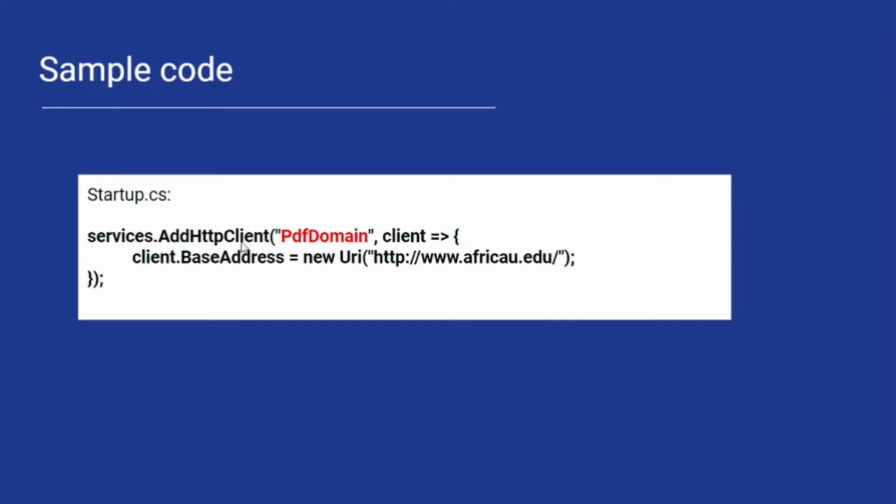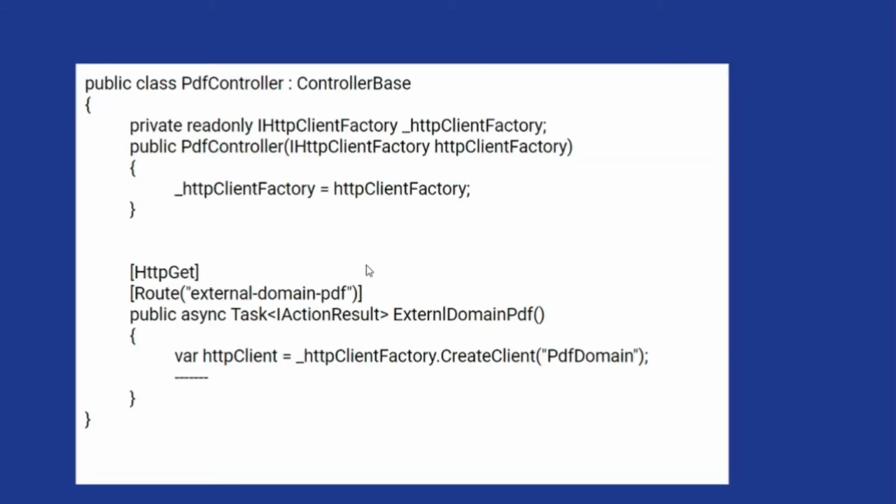Add HTTP client will ultimately register our domain into the HTTP client factory. Okay, so in the controllers, we need to inject the HTTP client factory into the constructor, and in the action method, we need to use create client.